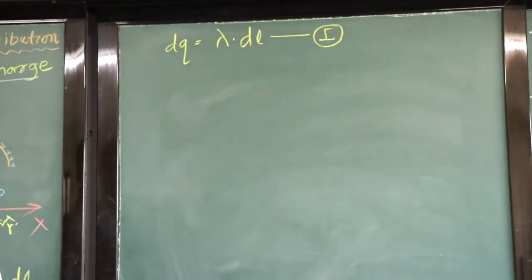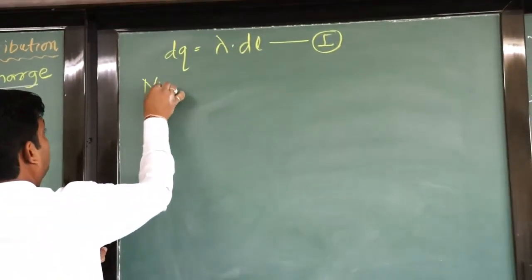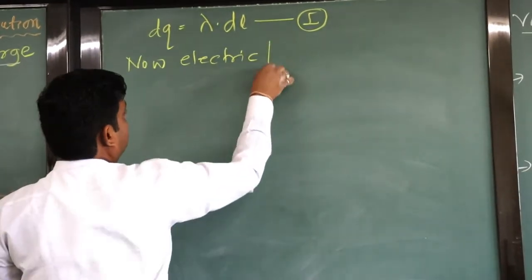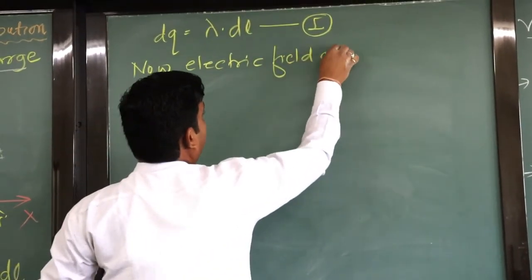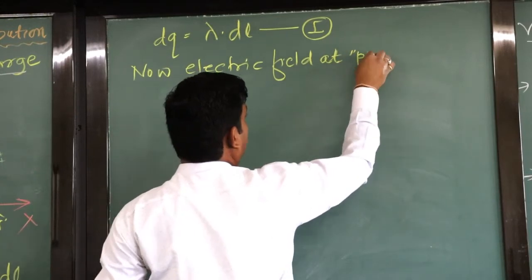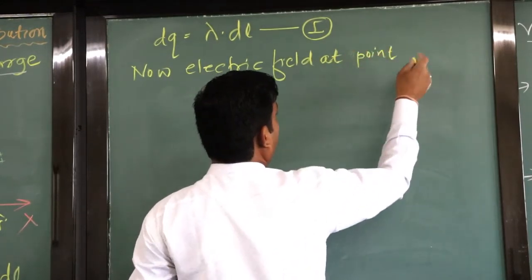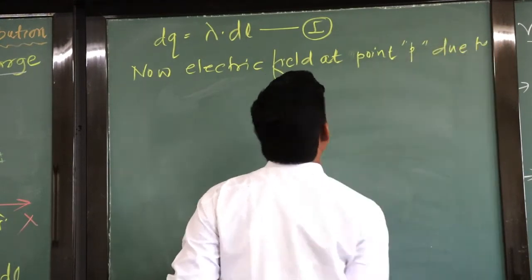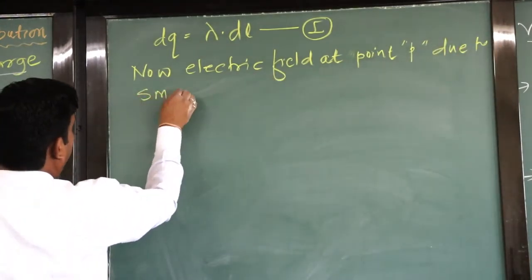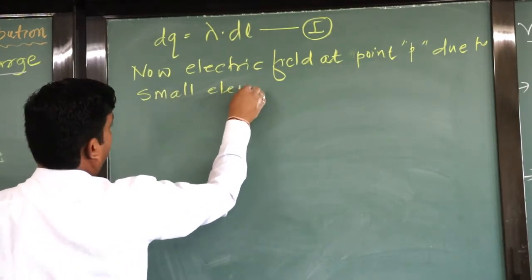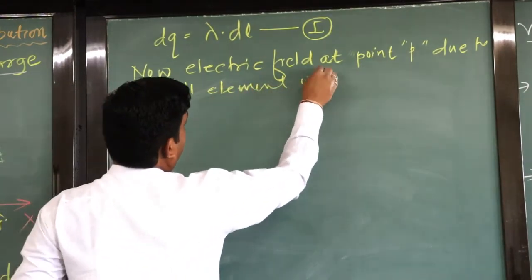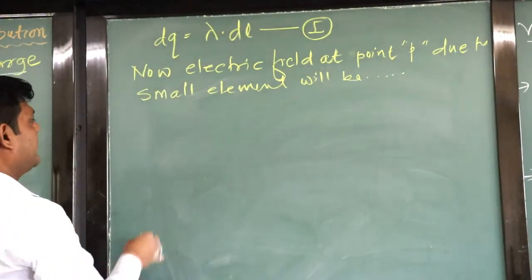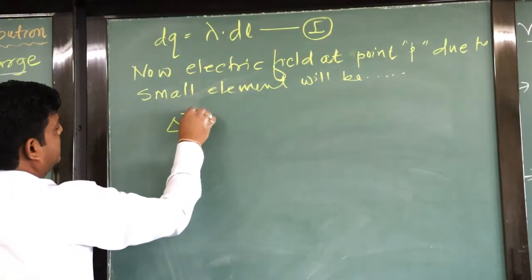Now the electric field at point P due to the small element will be the small electric field, that is defined as dE vector.